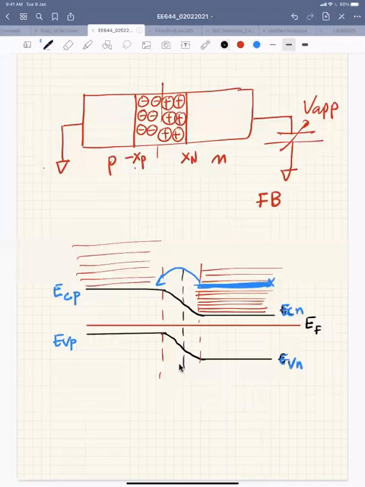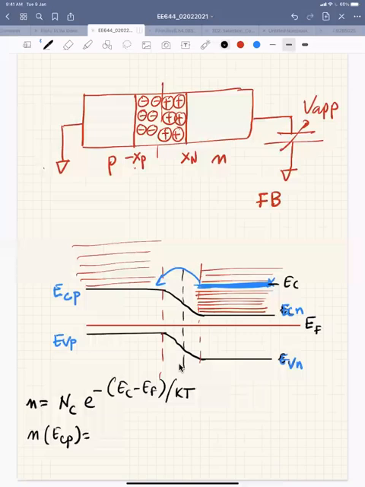I know that n equals Nc e to the minus (EC minus EF) by kT, right? So n at ECP, let's say this is at ECP here, you could also write it as e to the minus (ECP minus EF) by kT.